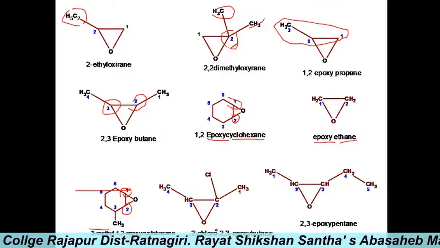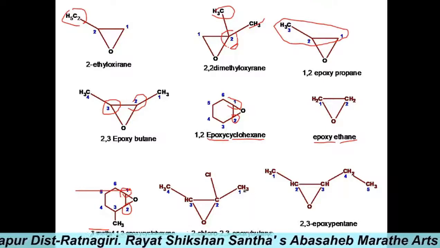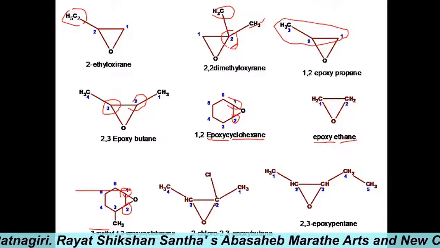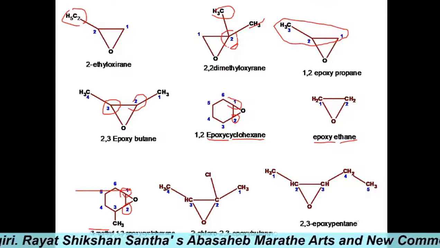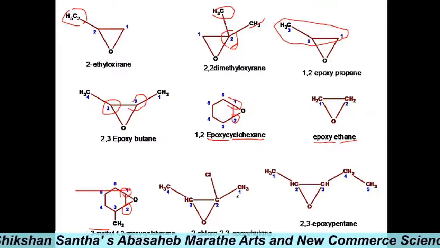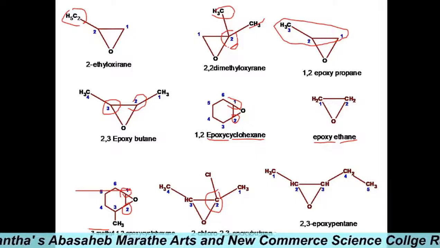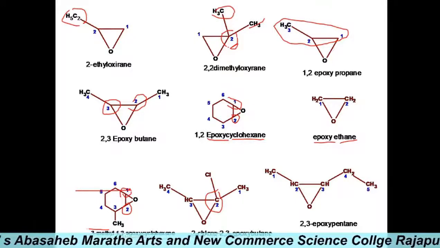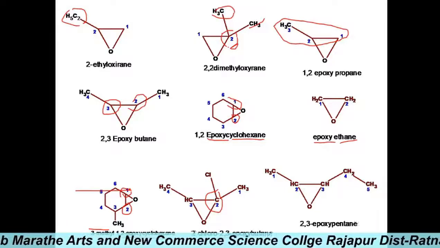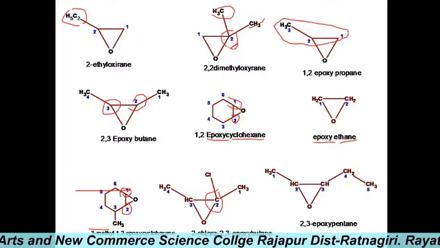cyclohexane. Next example, the numbering is given so that the substituent gets the lowest number. So 1, 2, 3, then 4, butane. The second position has the substituent chloro, so 2-chloro. The 2,3 positions have the oxygen, so 2,3 and the prefix is epoxy, then the parent name is butane.